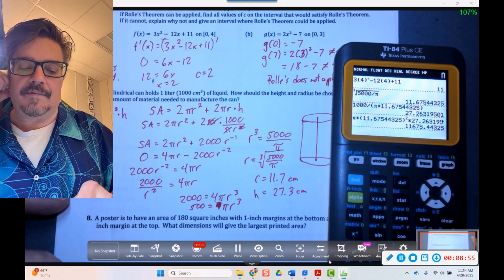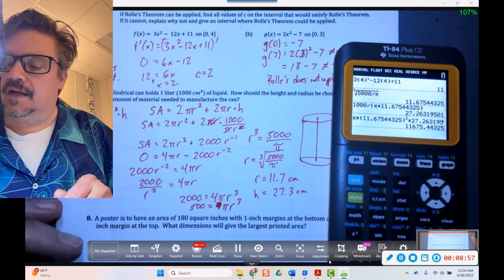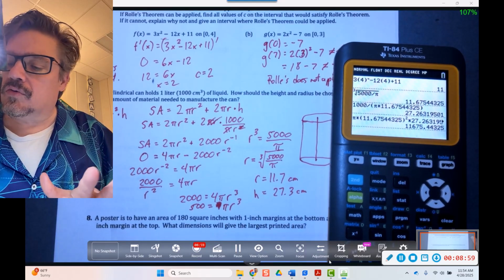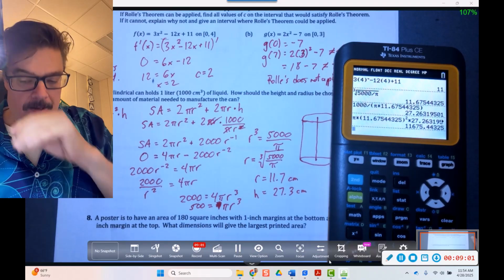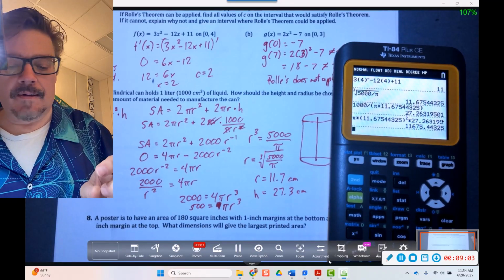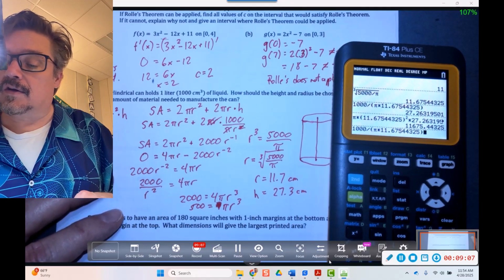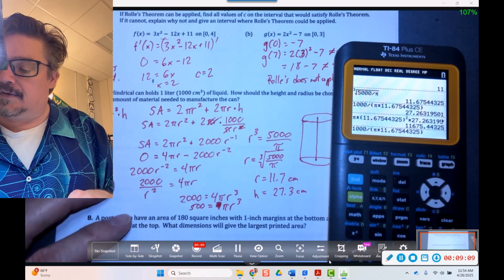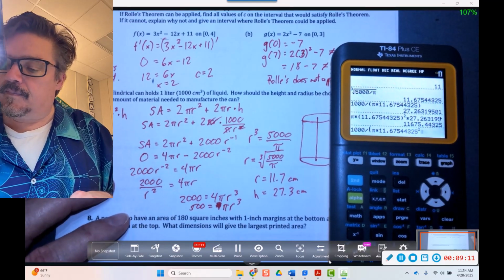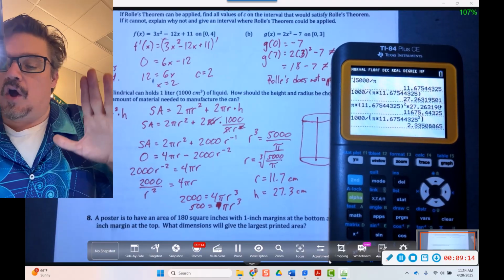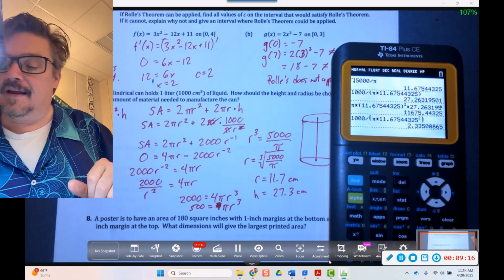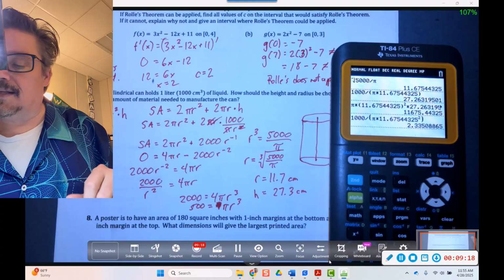What's up? Did I do something wrong? Ah, shoot. I didn't square this. So I'm right, I just didn't square it. Let's raise it to the second power. Enter. The height being that makes a little more sense.